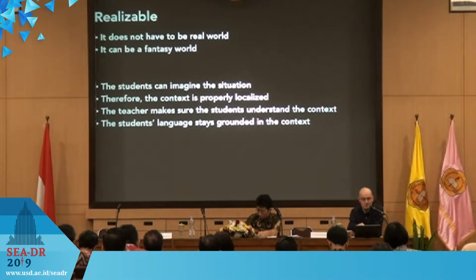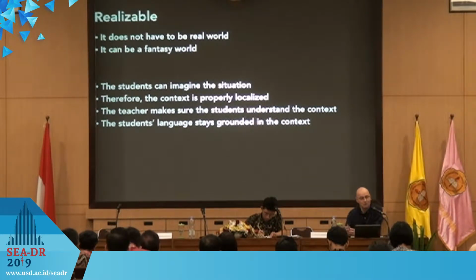It's a context that's meaningful in this classroom. And I will give you some examples of contexts that work in one classroom, will not work in other classrooms. And of course, you make sure as a teacher that children really understand the context. And the norm is that when children start working on it, they talk in the context.